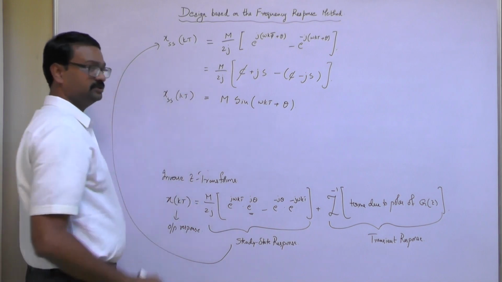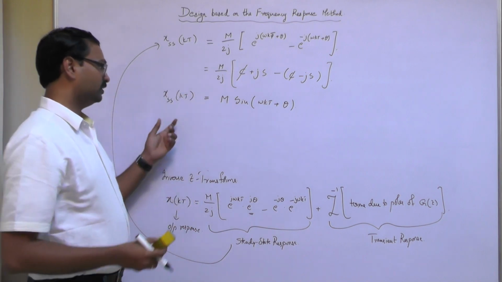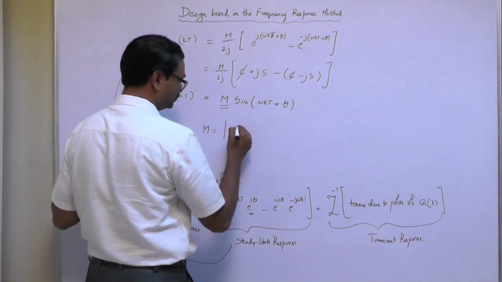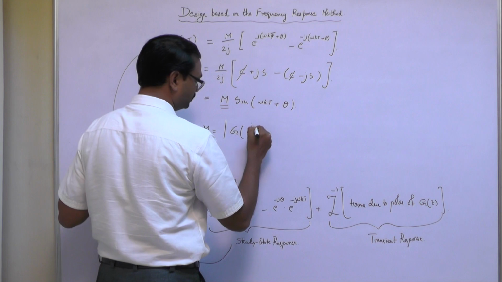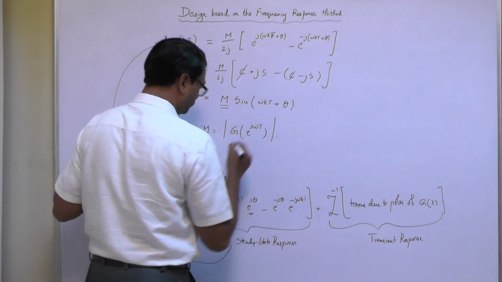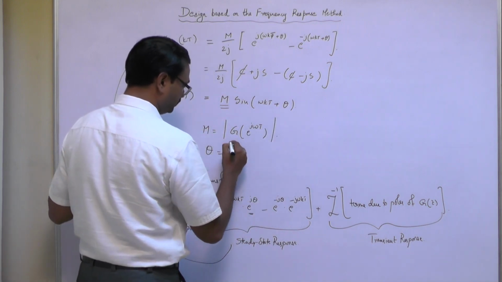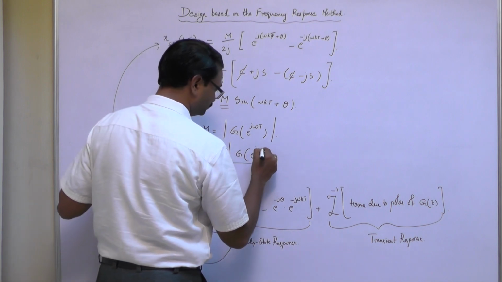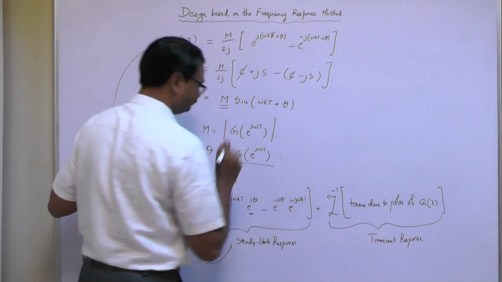So steady state response is what we require here, right? The magnitude M is given by modulus of G(e^(jωT)), and theta is given by the angle of G(e^(jωT)).